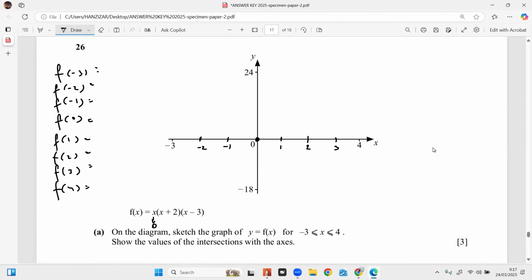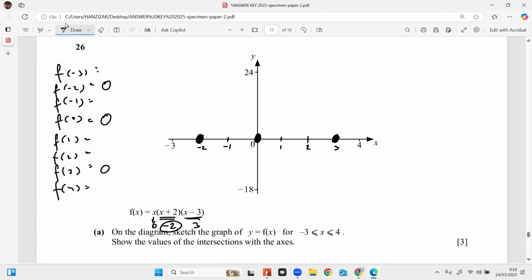If x is 0, the value is 0 because 0 times anything is 0. Look at this, the 0 maker is negative 2. The factor is negative 2, right? So if I put x negative 2, it is 0 also. If x is 3, 0 also. So we have 3 possible points: negative 2, 0, then 0, 0, and 3, 0.